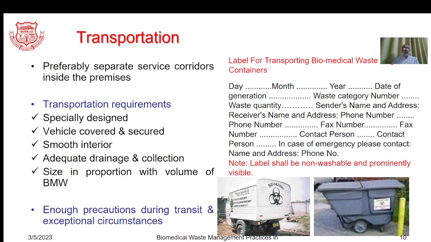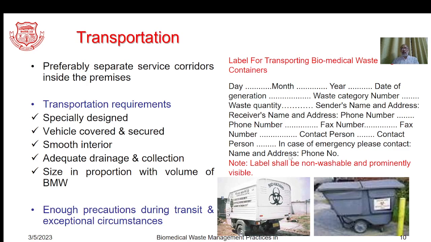The next step is transportation. Preferably, this transportation should be designed with separate service corridors inside the premises. The vehicle that we wish to use should be specially designed. It should be well covered and secured to avoid contact with the atmosphere, to avoid littering, and to maintain aesthetics.